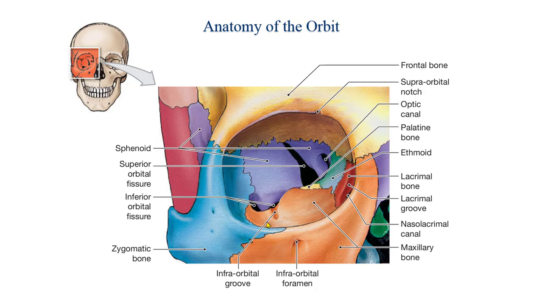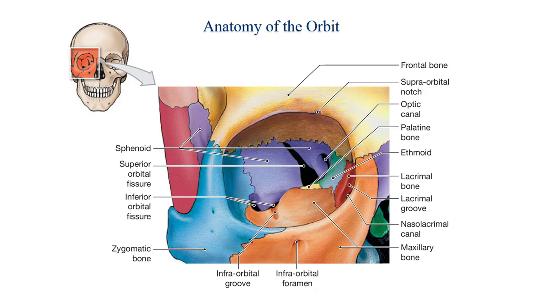We can see the orbital surface of the maxilla here, which contributes significantly to the orbital floor. The posterior portion of the orbital floor is defined by a small depression which is known as the infraorbital groove or the infraorbital sulcus, which gives passage to the infraorbital vessels and nerve.